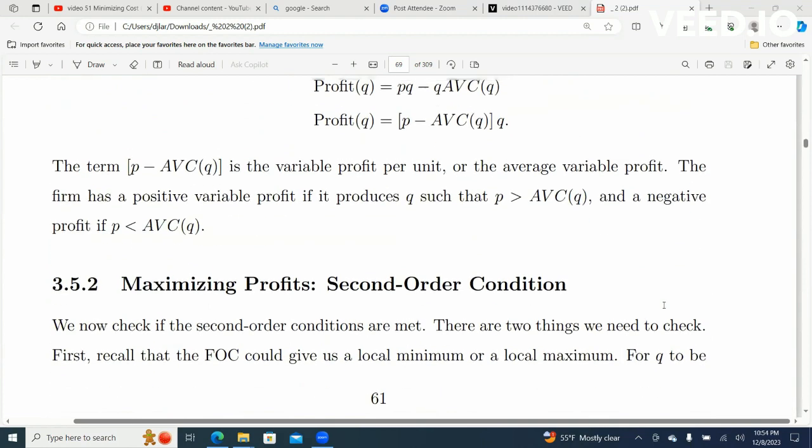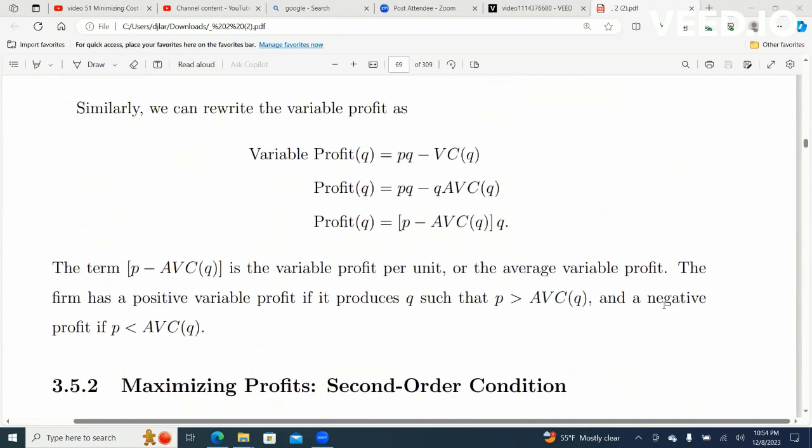All the way down to the second order condition, yes.